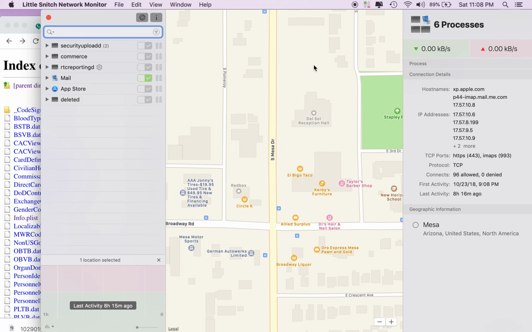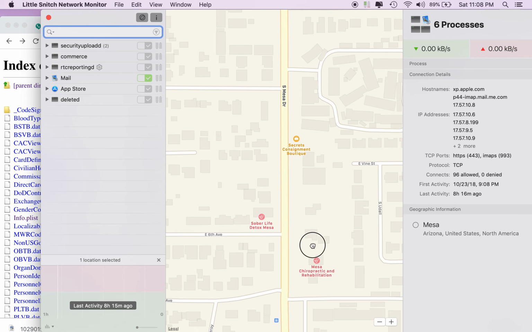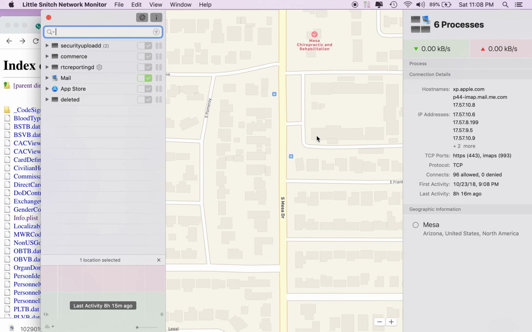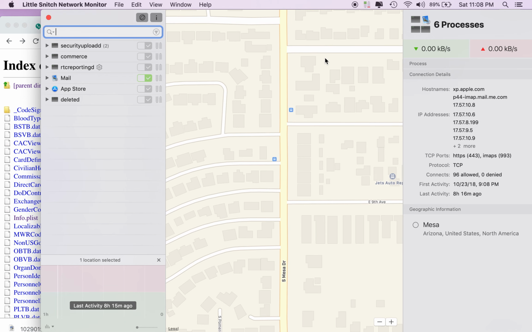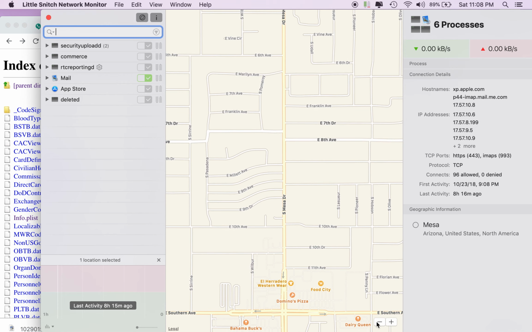I have documented this publicly also. Oh, where the hell are you? Okay, so they're controlling my security upload, commerce, RTC reporting, mail, app store, and deleted. So it's good to know. I have to find that other church.